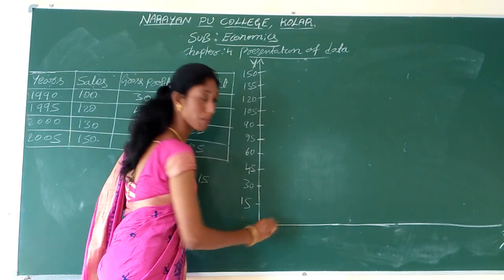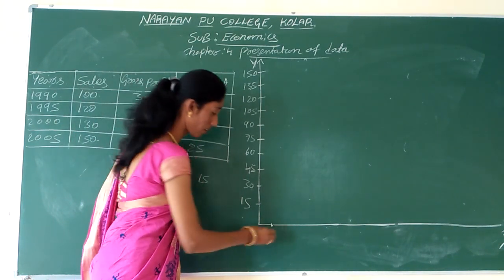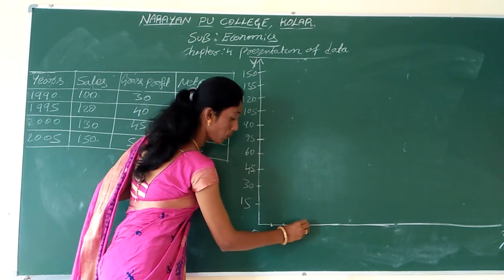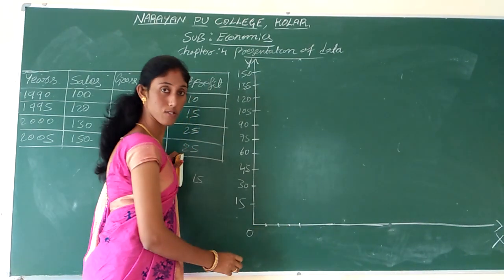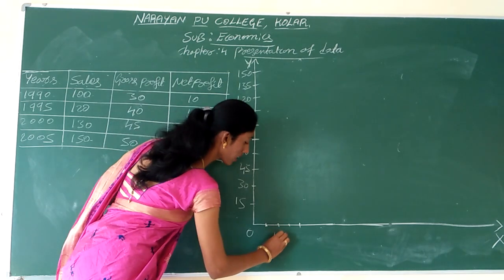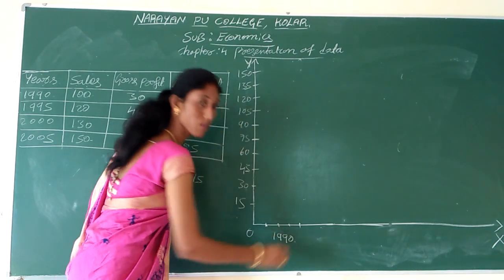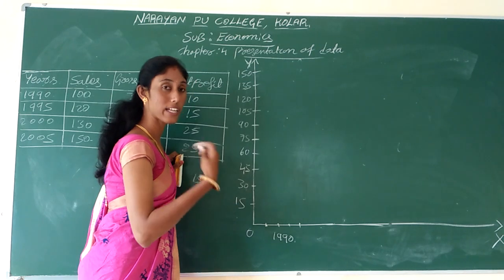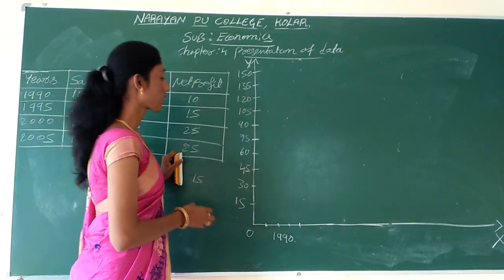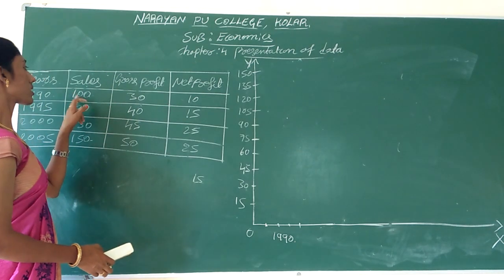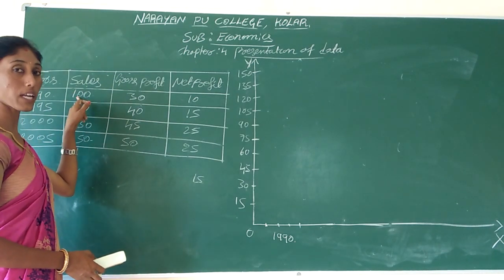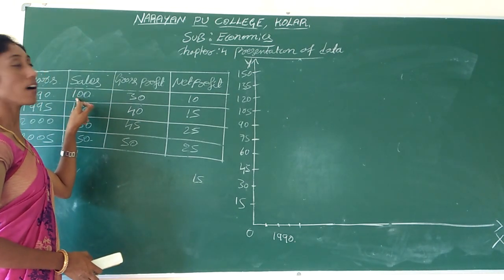Take 1 centimeter space. Then 1, 2, 3. It means 4 points have to come. This is what represents 1990. So once you get the idea, you can draw. Now come to 1990. What is the sales of the company in 1990? 100.